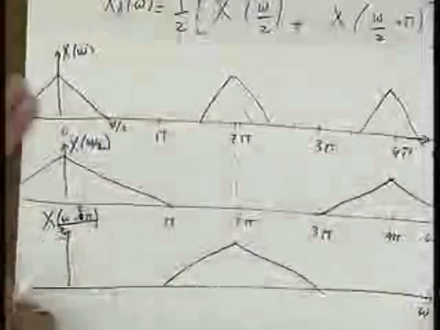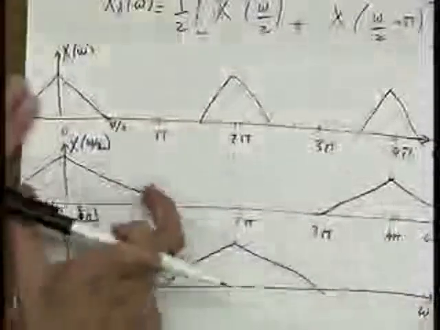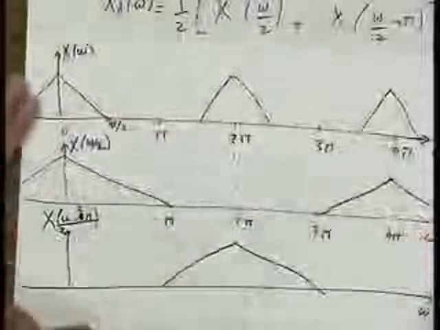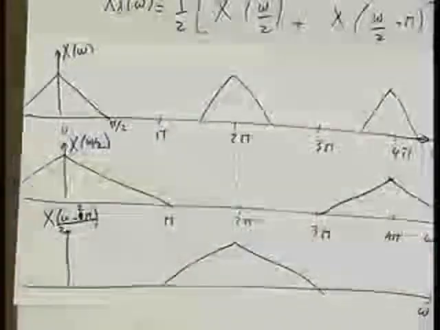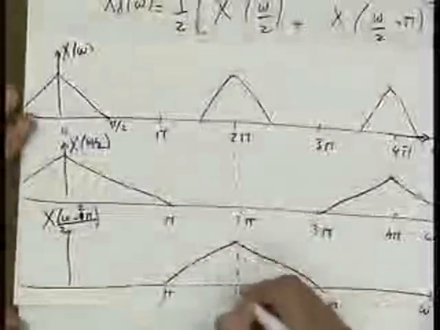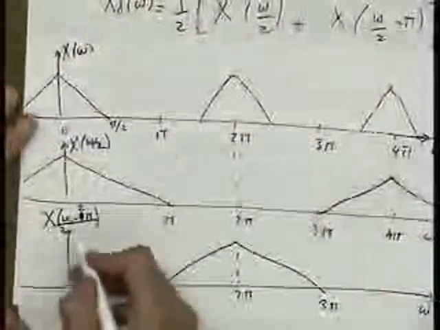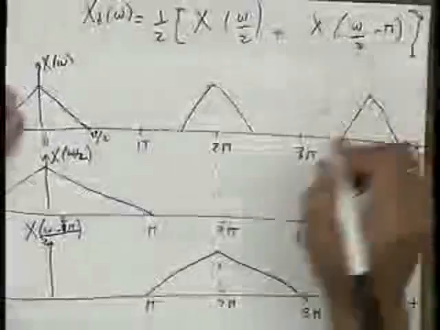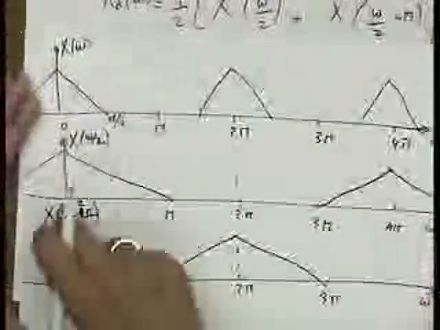The other replica got moved to that side, and there's some other stuff at this end that's not visible, but this goes from pi to 3 pi. And why am I interested in X of omega minus 2 pi over 2? Because this is X of omega minus 2 pi, the whole thing over 2. These two things are the same.